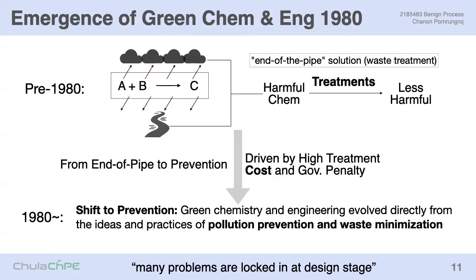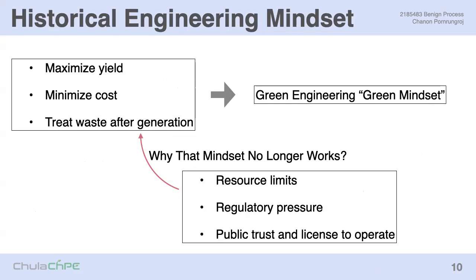So that's why the mindset that we used to have, we have to transform into the green engineering mindset. As I mentioned, it's not a rule where what you have to do is one, two, three, but more like a framework for your thinking when you design the product or process.